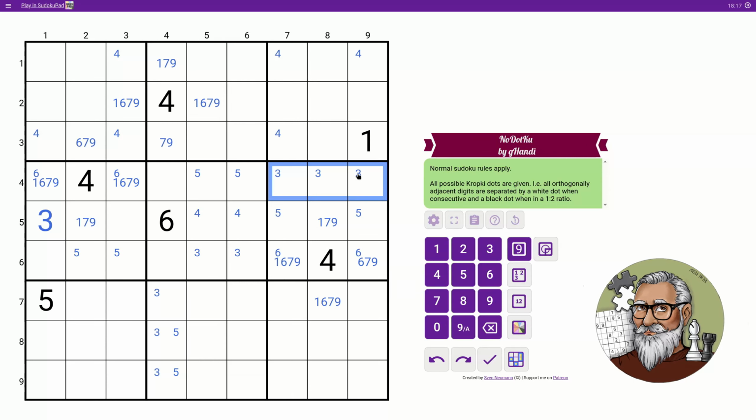Does that have an impact on where 2 is? Well, this was never 2 to start with, but this would be 2. This one can't be 2 either now because it eliminates 3 from all of them.